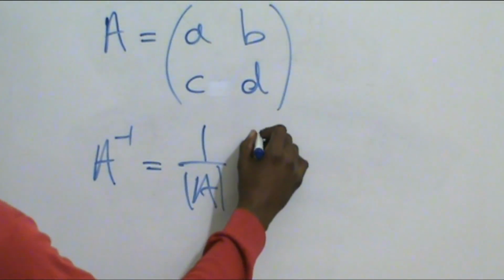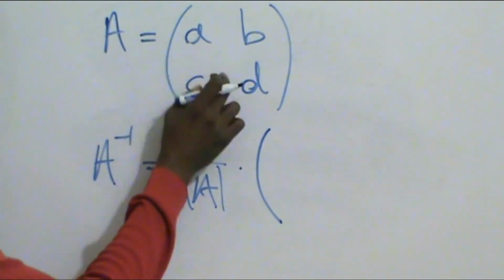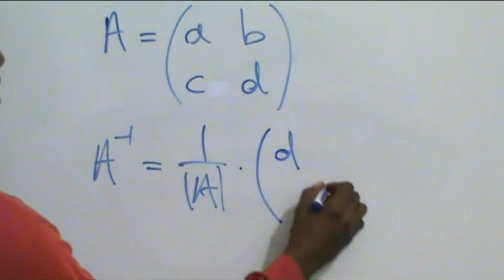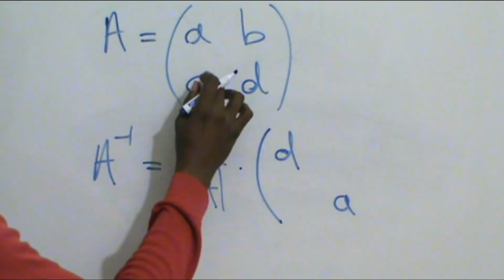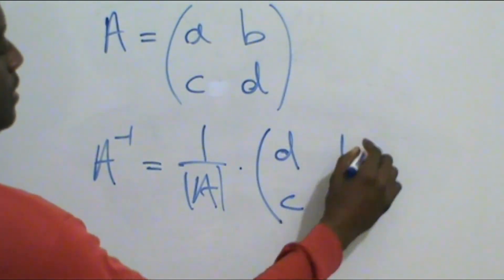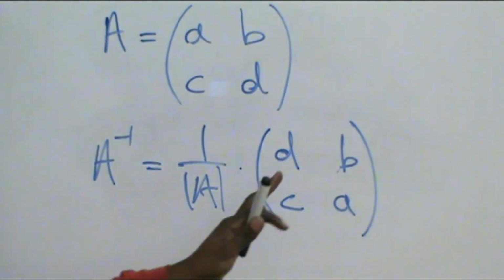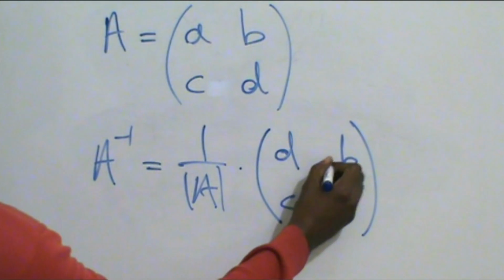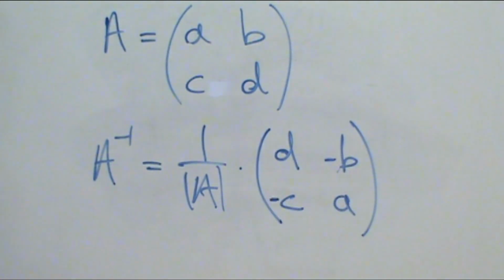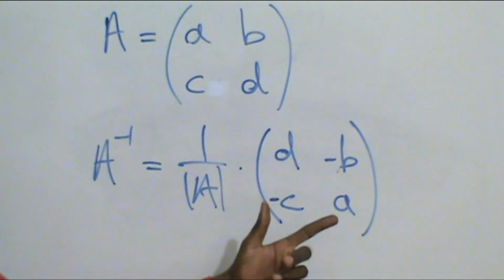This matrix is formed by switching A and D, so this will be D here, A here, and then you change the sign of B and C. This is supposed to be minus here. So we change the sign of C and B and we switch A and D.